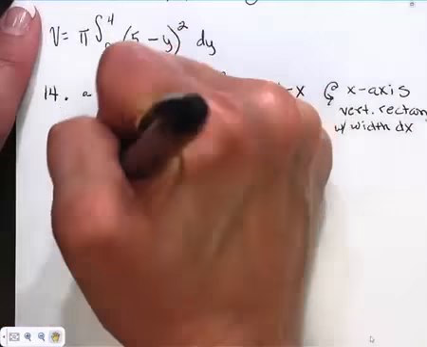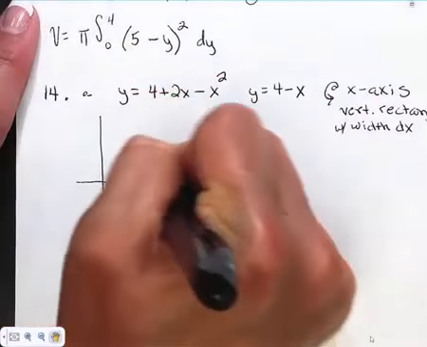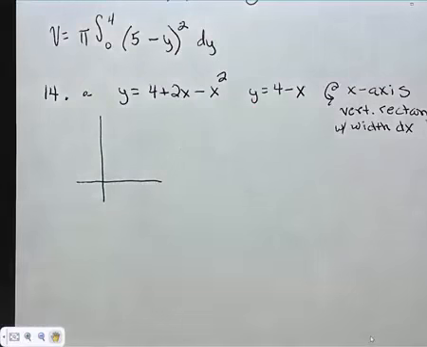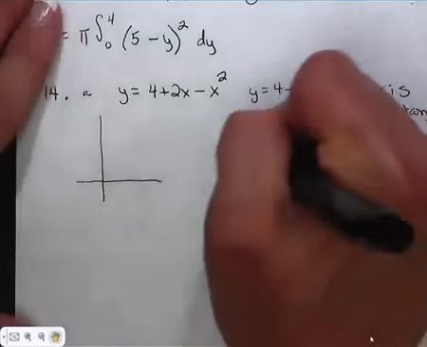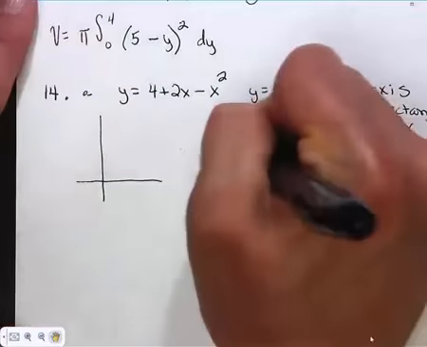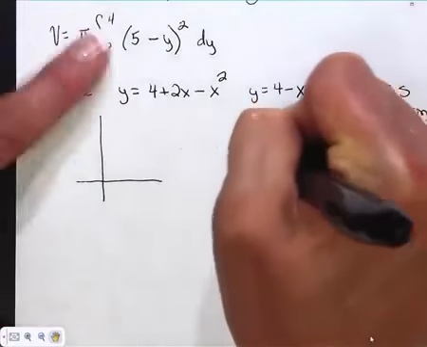So let's see what this looks like. I'm going to have to find where that parabola intersects the line. How do I do that if I don't find intersect on my calculator? Yeah, just set them equal to each other.